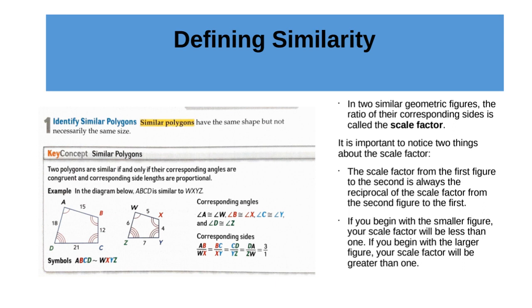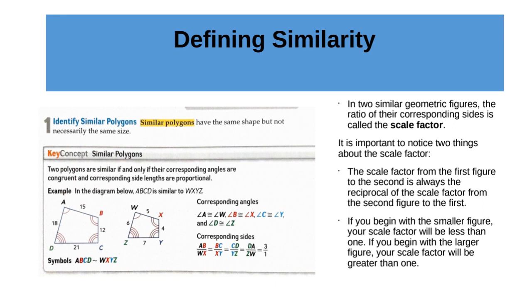Now let's review the concept of similarity. Similar polygons have the same shape but not necessarily the same size. So two polygons are similar if and only if their corresponding angles are congruent and the corresponding side lengths are proportional.